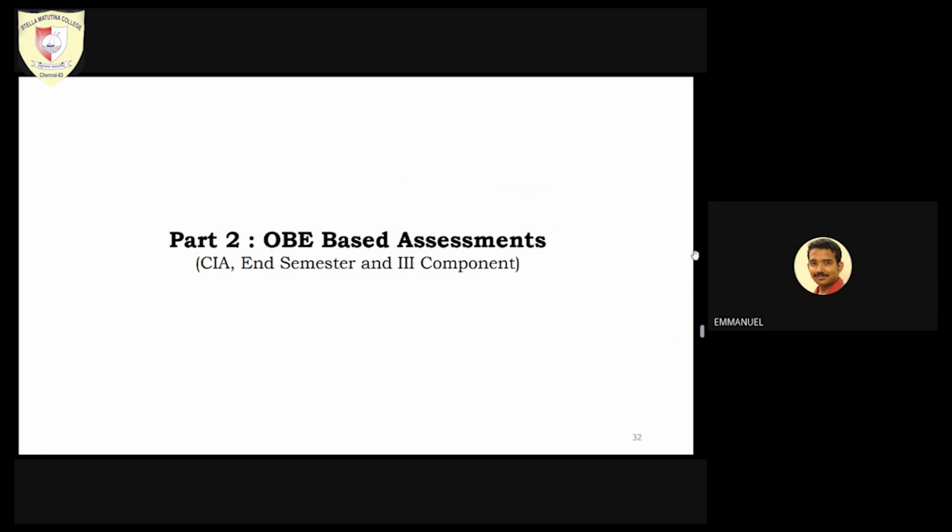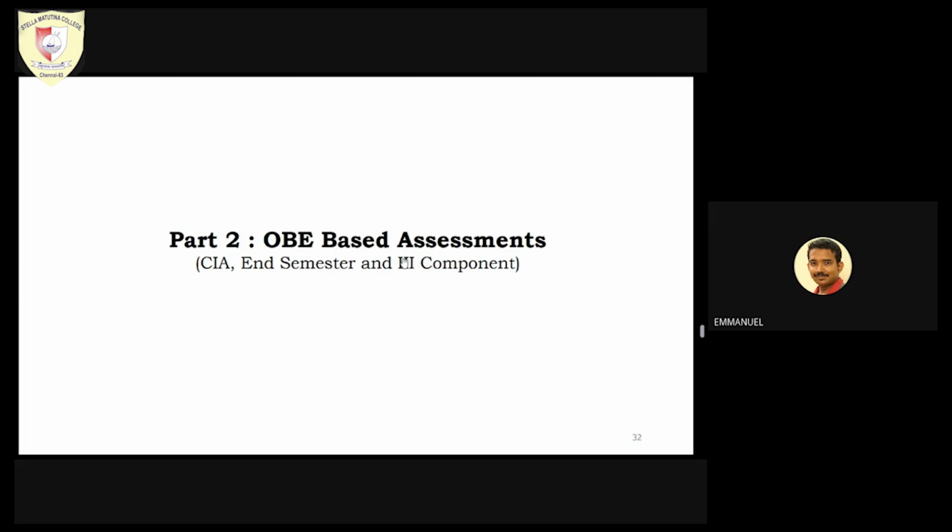No doubt in that. In that way, when we come to the end part of evaluation, we'll have a clear picture of how much a particular student has done in a particular course. For example, abstract algebra is one course offered in the third semester in the UG curriculum. At the end of the third semester, after the evaluation process is over, what are the marks scored by a particular student under internal evaluation, CIA, or the third component?